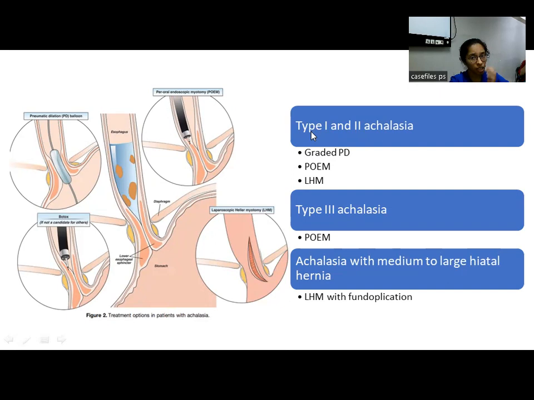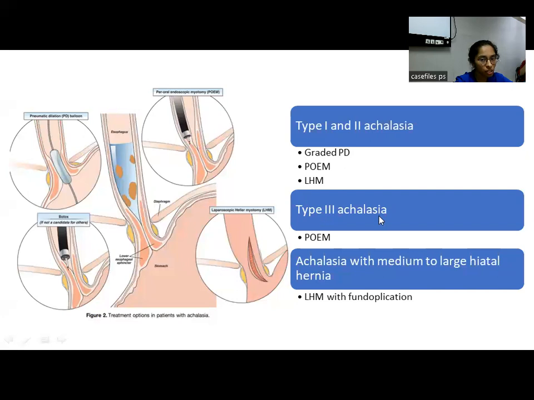In type 1 and type 2 achalasia, these patients will have a non-relaxing lower esophageal sphincter, and they will have absent peristaltic waves in the esophagus. So these patients will benefit more from graded pneumatic dilatation or POEM, or mostly Heller's myotomy.